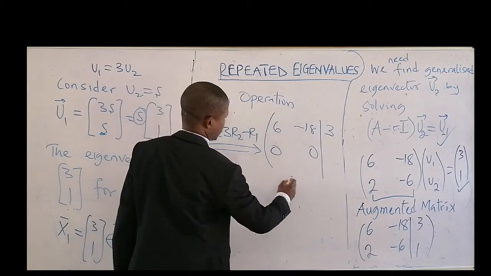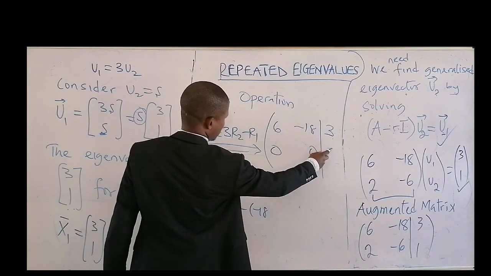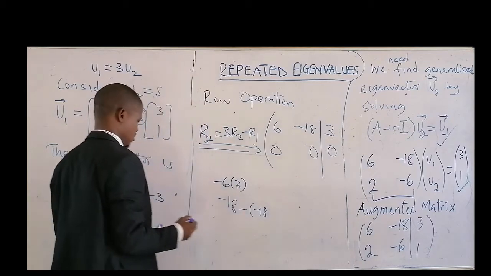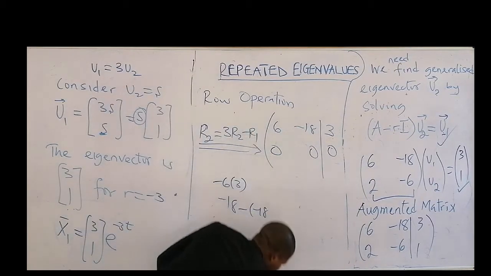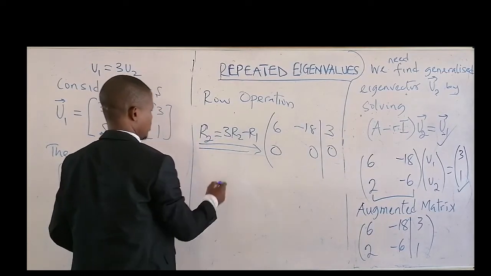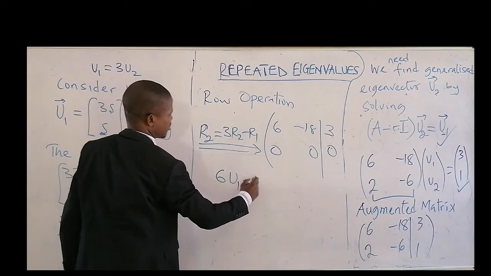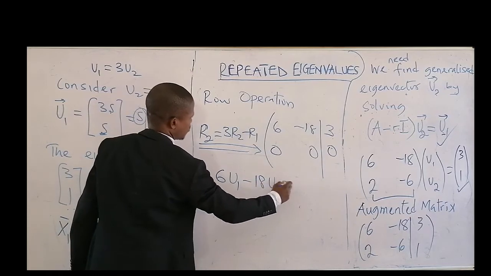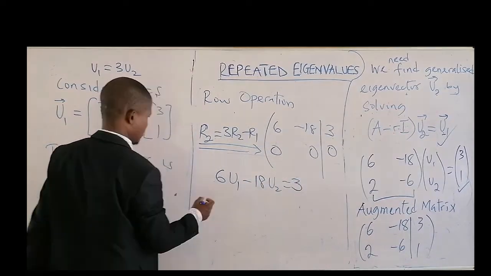So this one is also 0, and 1 times 3 minus 3 is also 0. So we now have 6 u1 minus 18 u2 equal to 3.